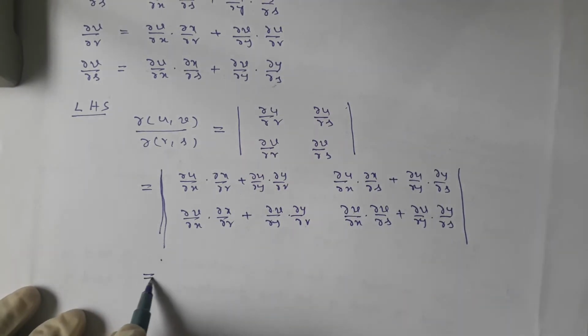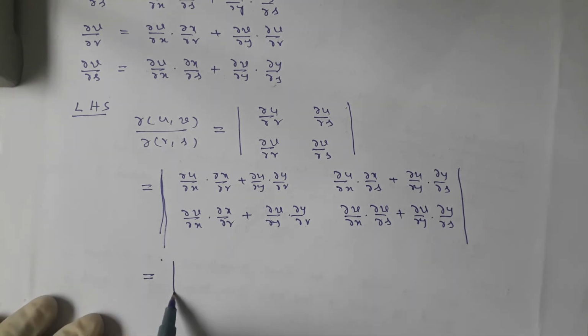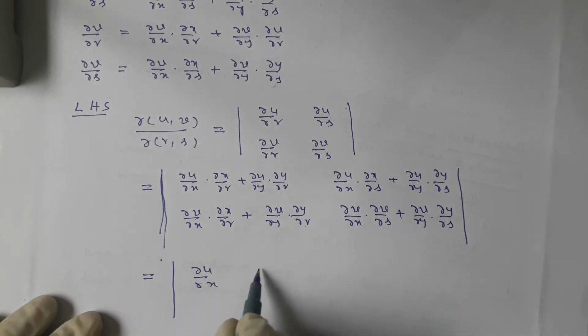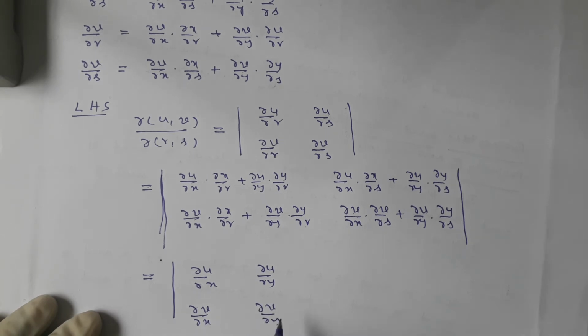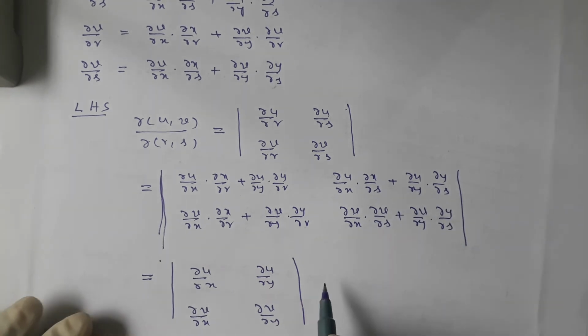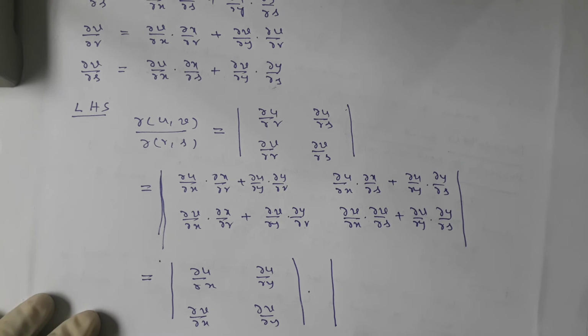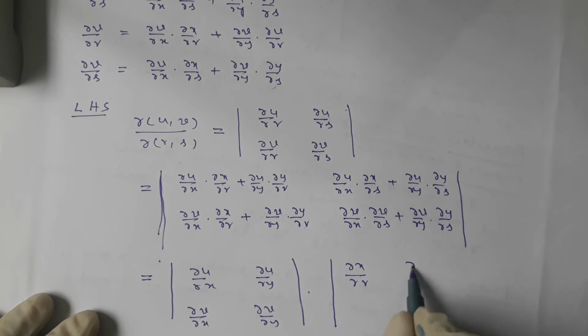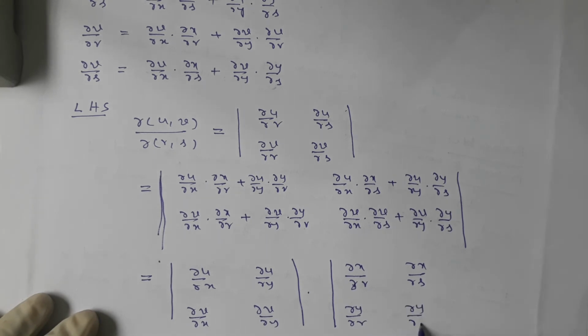This is equal to, if we split it into two determinants, the first with ∂u/∂x, ∂u/∂y in the first row and ∂v/∂x, ∂v/∂y in the second row, into the second determinant with ∂x/∂r, ∂x/∂s in the first row and ∂y/∂r, ∂y/∂s in the second row.